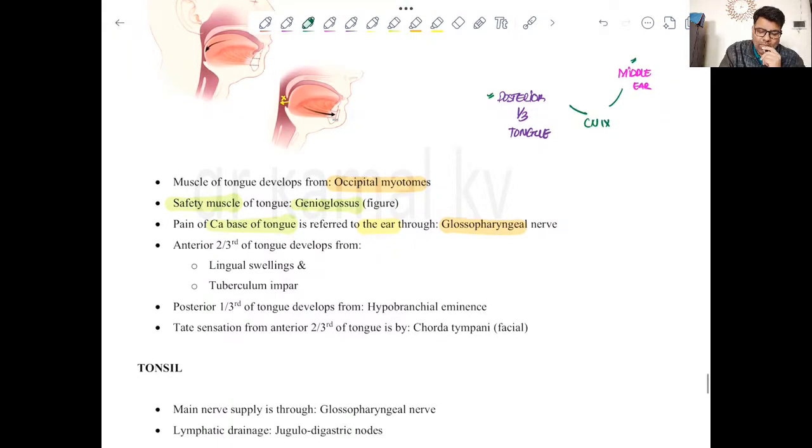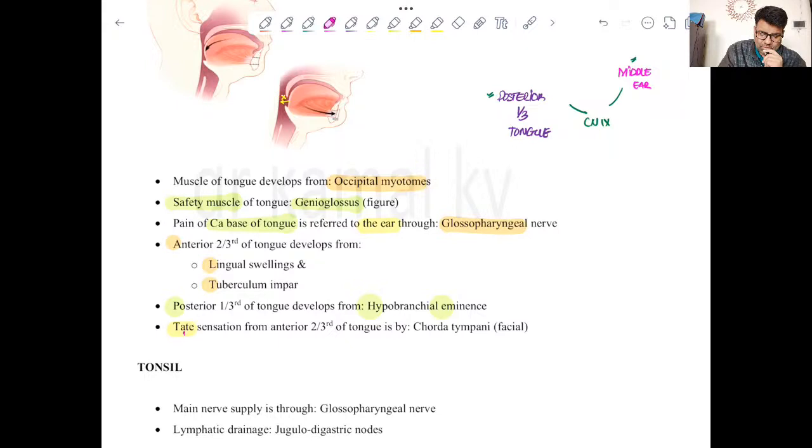Anterior two-third of tongue develops from lingual swelling and tuberculum impar, whereas posterior one-third of tongue develops from hypobranchial eminence. So this is in terms of development. Now taste sensations from anterior two-third is carried by chorda tympani, and general sensations, like hot, cold, are carried by lingual nerve.